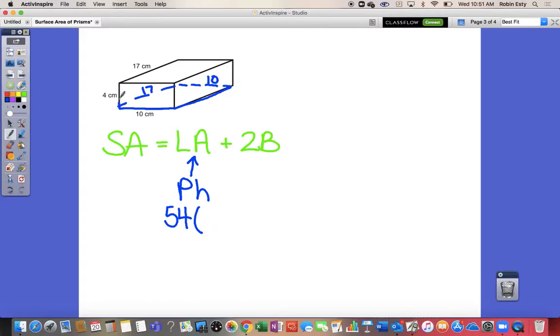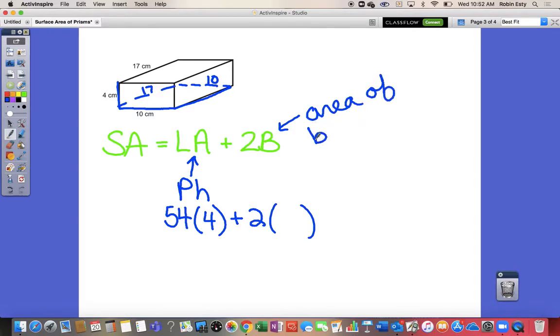My height is 4 plus 2 times the big B. Remember, big B is area of base. Well, the base would be, say, this right here.